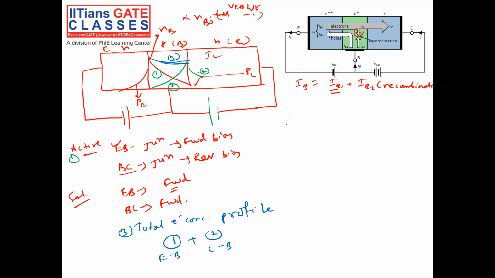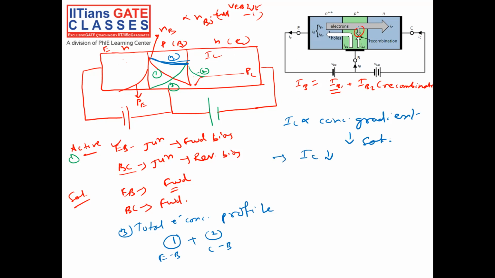The IC is because of the concentration gradient, so it decreased in saturation, because you see the gradient is decreased. So IC will decrease, right?